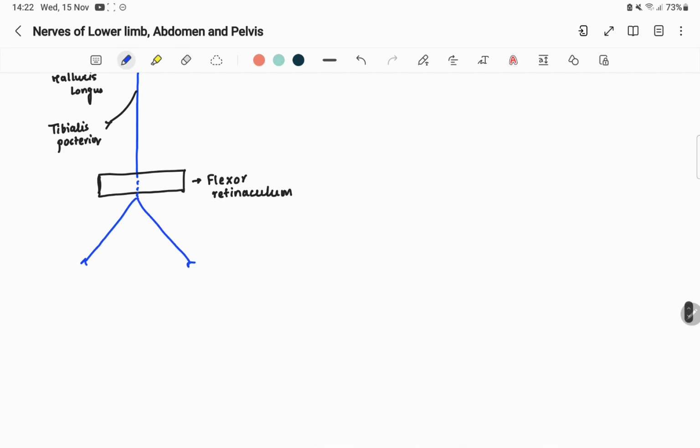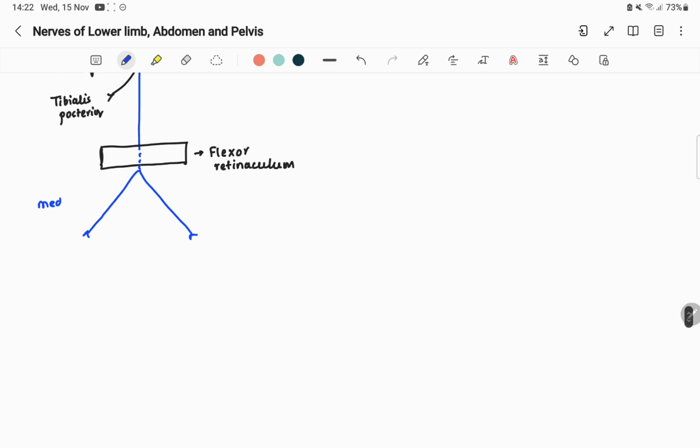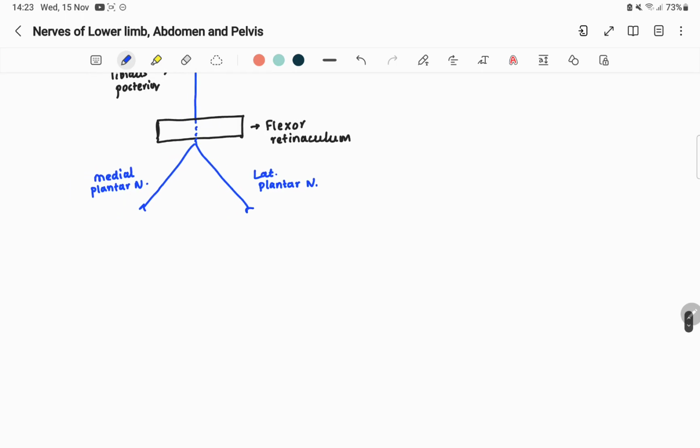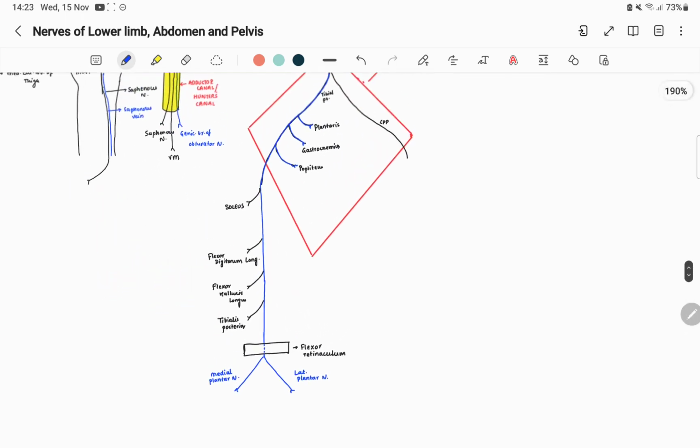One is called the medial plantar nerve, and another is called the lateral plantar nerve. Medial plantar and lateral plantar nerve.